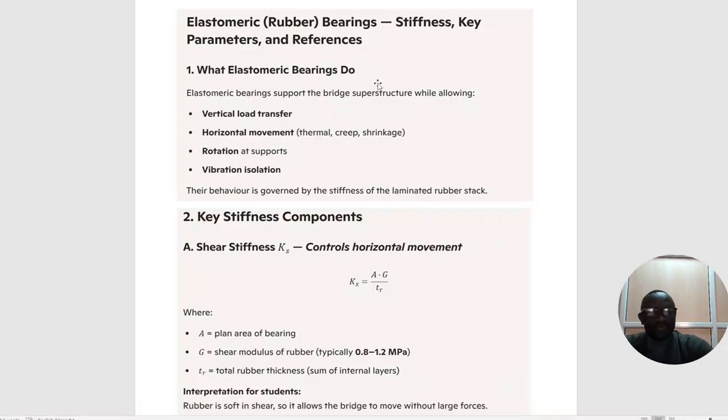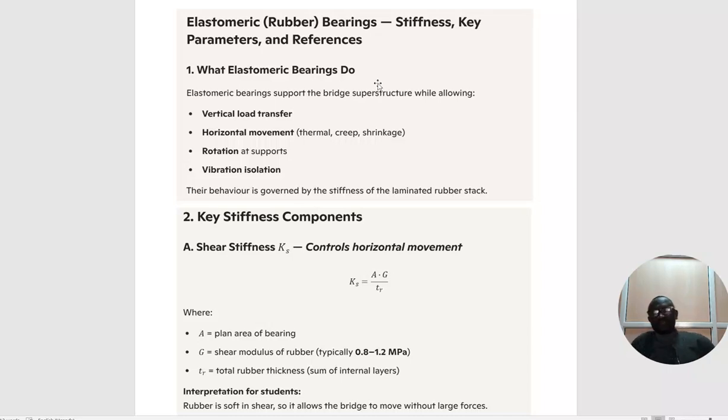Yesterday we talked about bearings, and then I got some literature saying that elastomeric bearings support the bridge superstructure while allowing for vertical load transfer and horizontal movement, that is thermal, creep, and shrinkage. Of course, there are other movements.